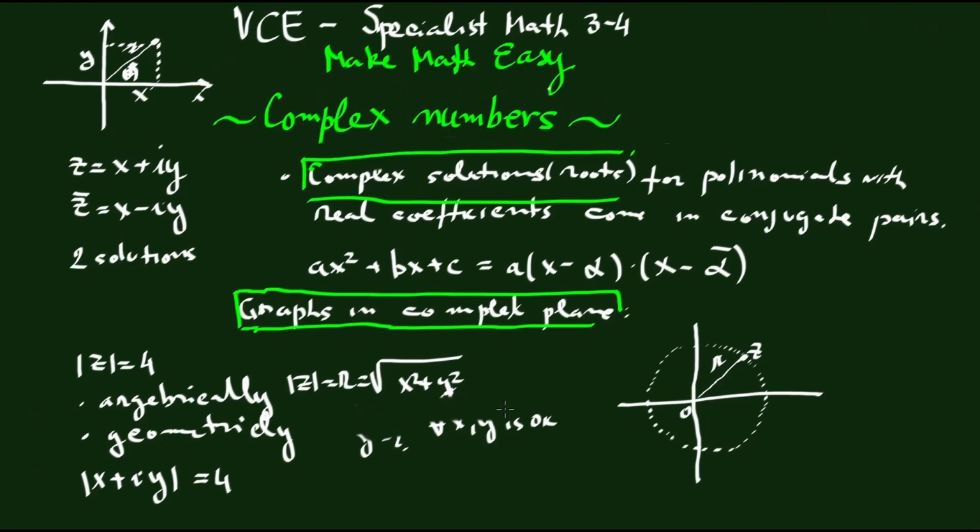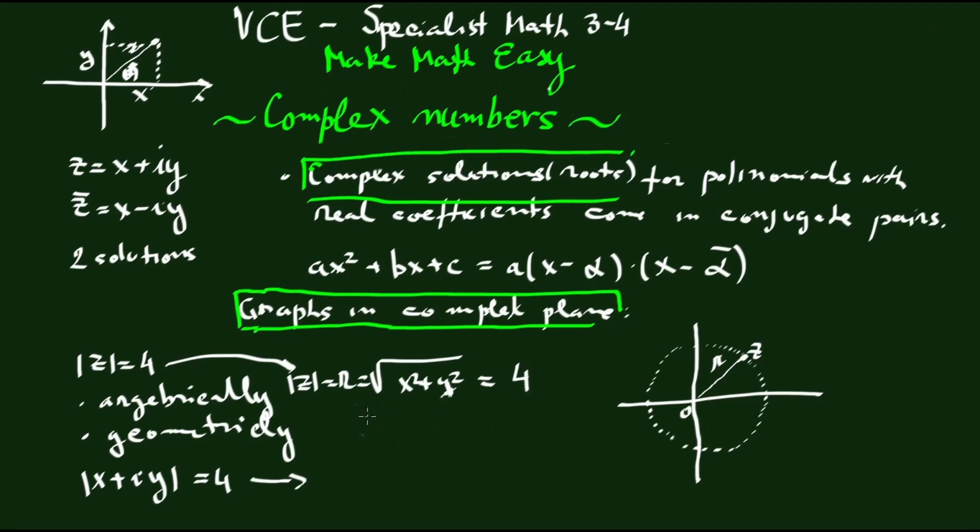But algebraically, we can proceed from here and say that what we wrote here is equal to the absolute value of z, which is equal to 4.